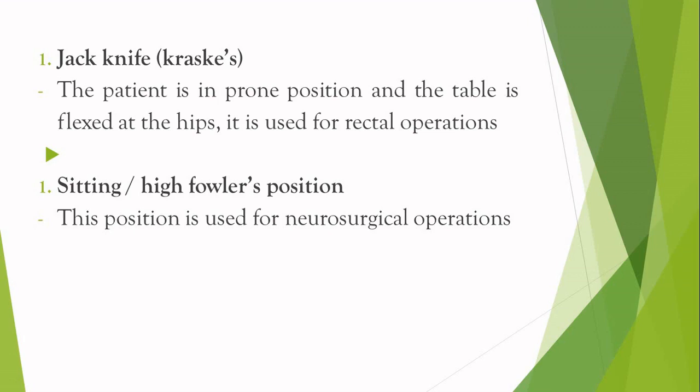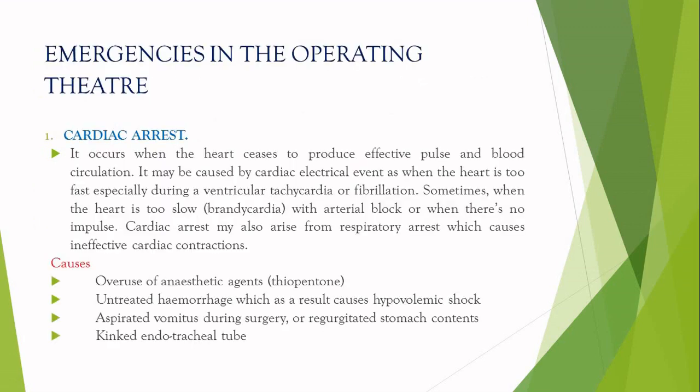Now, what are some of the emergencies in the operating theater? We have cardiac arrest, and the causes: one is overuse of anesthetic agents, and a specific drug called thiopentone is responsible. Untreated hemorrhage, which as a result causes hypovolemic shock.